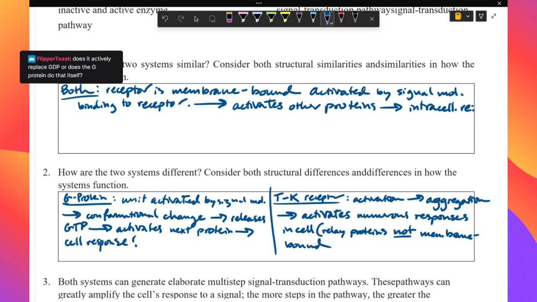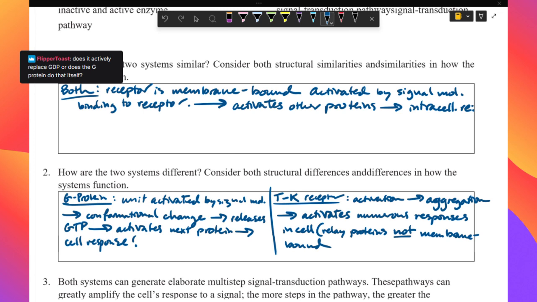So a question in the chat: does it actively replace GDP or does the G protein do that itself? I want to make sure that I get the language here exactly right. So the G protein complex has a GDP, guanine diphosphate, bound to it in its inactive form.